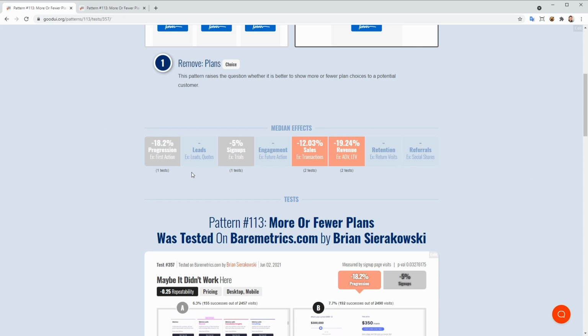Then similar metrics. So whenever someone runs an experiment that measures sales or revenue or signups or progression or leads or whatever, under this section here, we aggregate these similar metrics to get a better sense from various websites and various experiments that are more comparable. This data here, I use and I encourage to use for estimates.